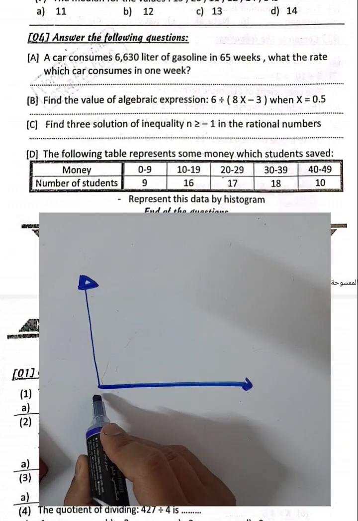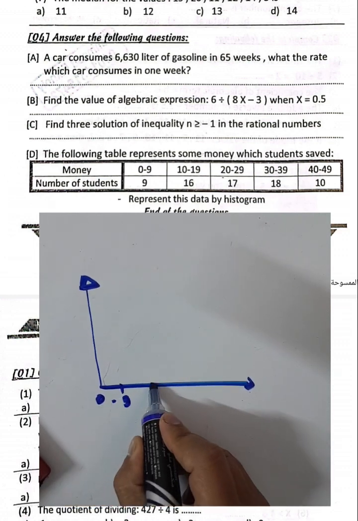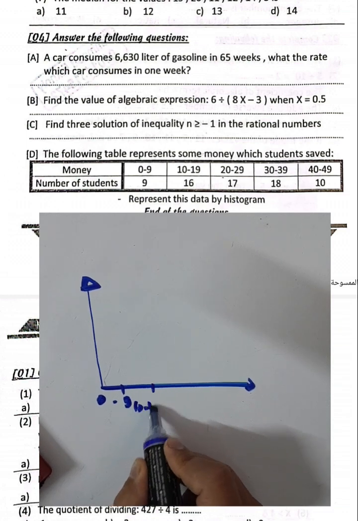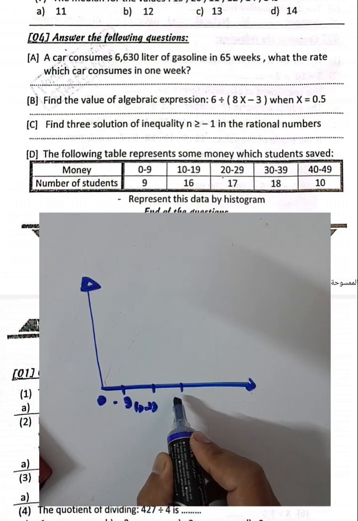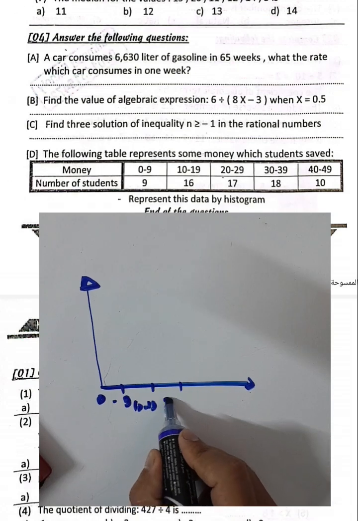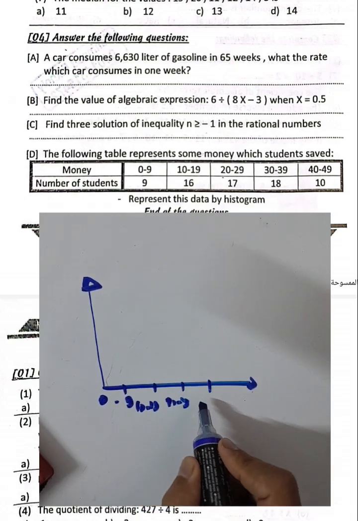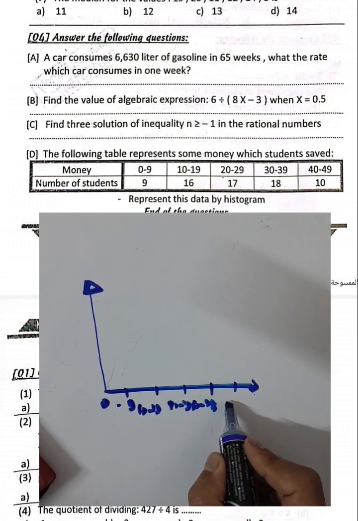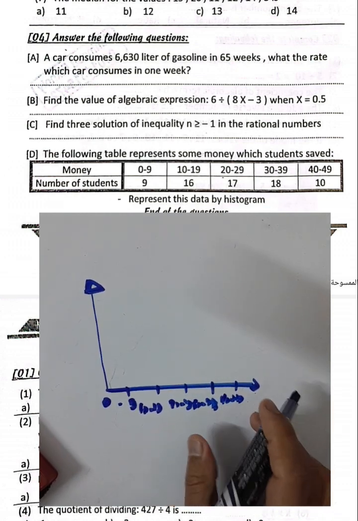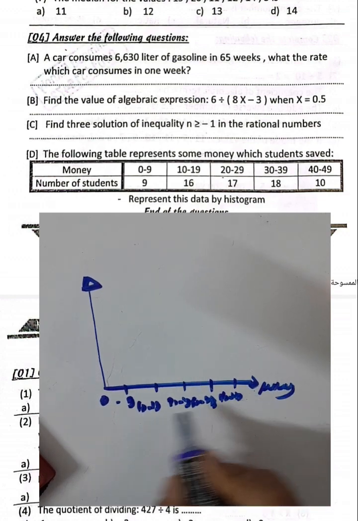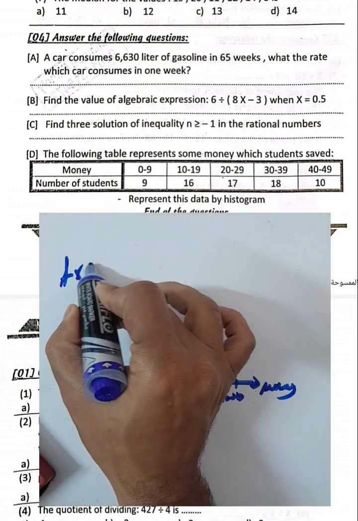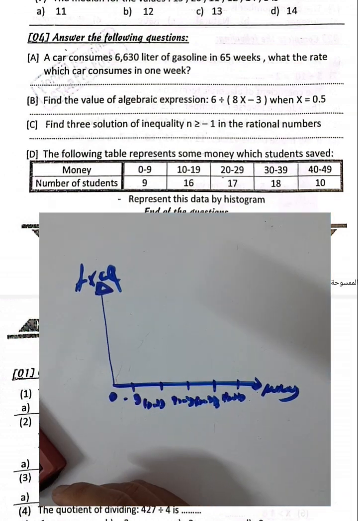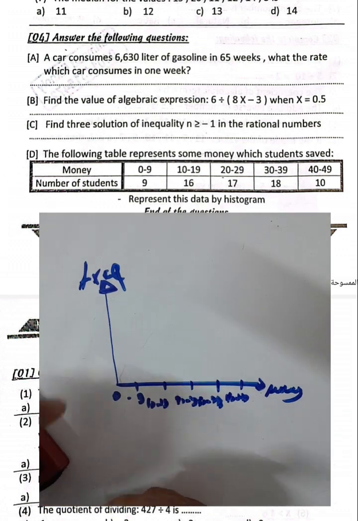First from 0 to 9, next from 10 to 19, from 20 to 29, here 30 to 39, and the last one 40 to 49. The horizontal axis is the set of money, and here the frequency, number of students. Then you must put numbers here from least to greatest.